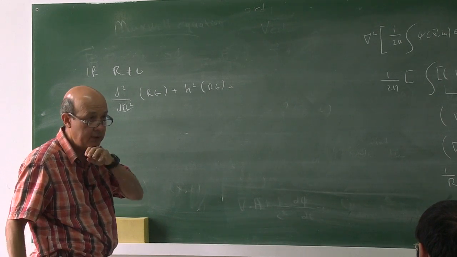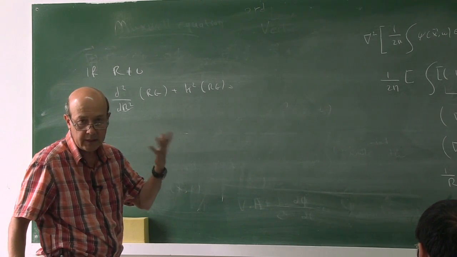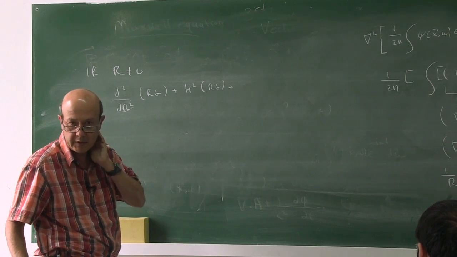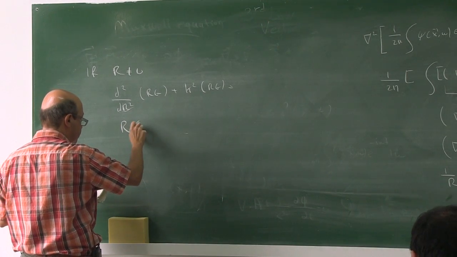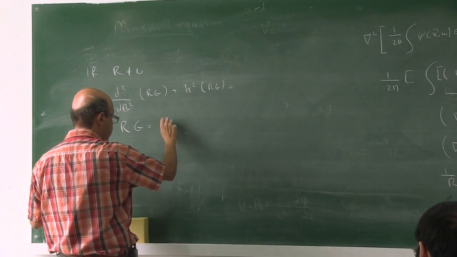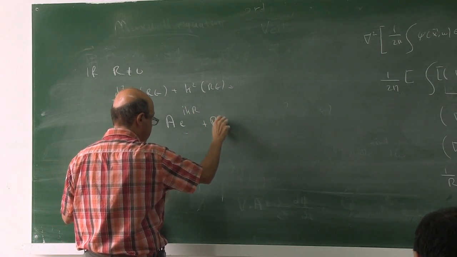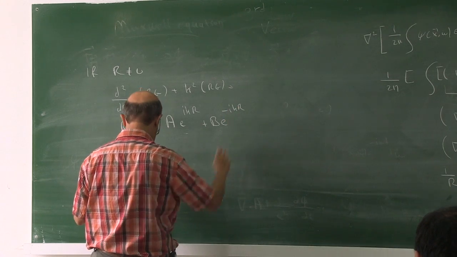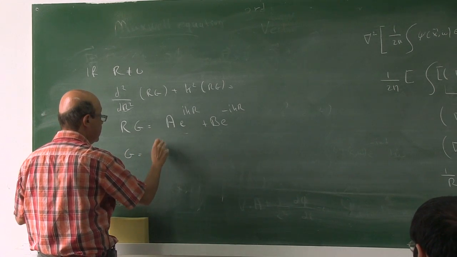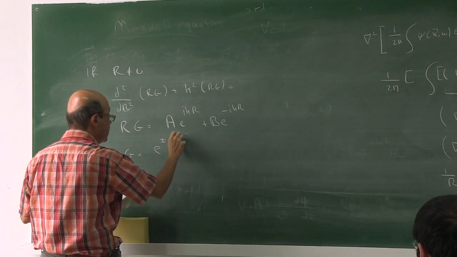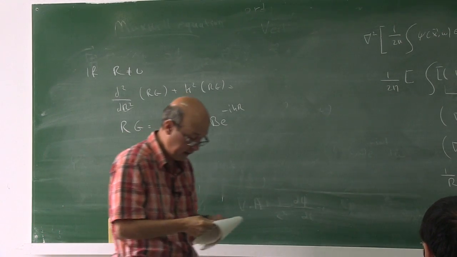Is k positive? Yes, it's positive. Then the solution is what? Sines, cosines, or the exponentials. So basically R G, the solution of this, is a mixture of e to the ikR plus e to the minus ikR. And G could be plus or minus ikR over R. Plus and minus will have a different meaning. We will see later.